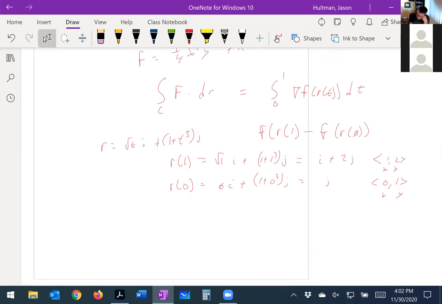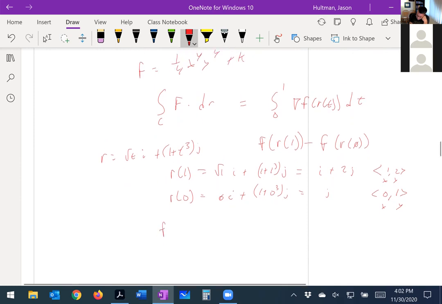Now I need to plug in for f, which we found. Our f was just 1/4 x to the 4th, y to the 4th. So f of r of 1 is 1/4 times 1 to the 4th times 2 to the 4th, which is 16 divided by 4, that's just 4.